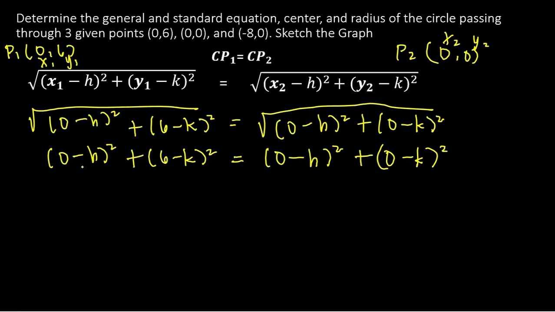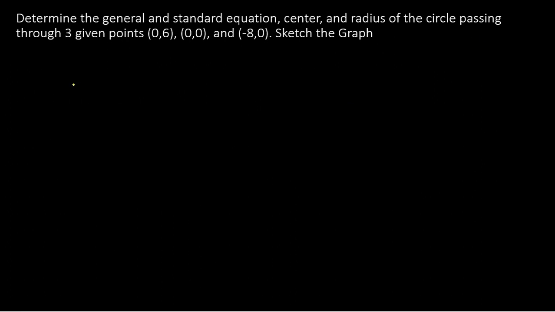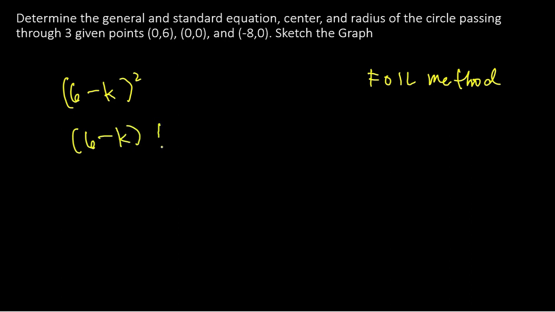When we expand it, what remains is h squared. Next, we have (6 minus k) squared, and here we can apply the FOIL method. So we have (6 minus k) multiplied by (6 minus k).